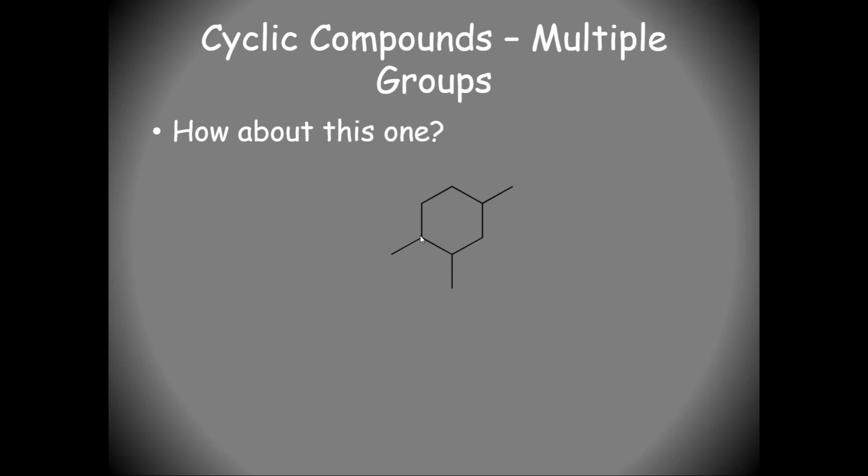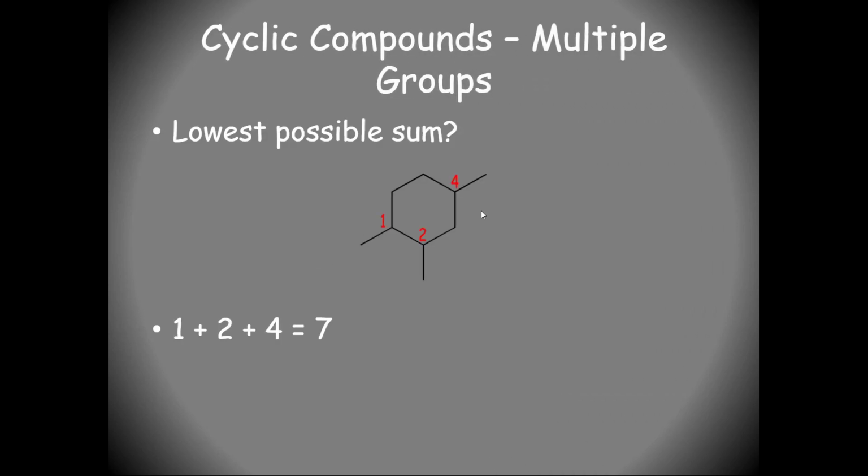Or we could go this way, 1, 2, 3, 4, and this would be 7, which means we want to go around this way when we name it. As we practice naming, it'll get quite a bit easier. Most of naming is just counting and making sure we put the right groups on our molecules as we go through.